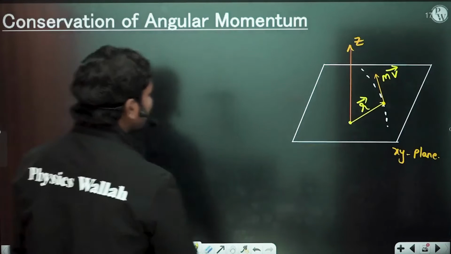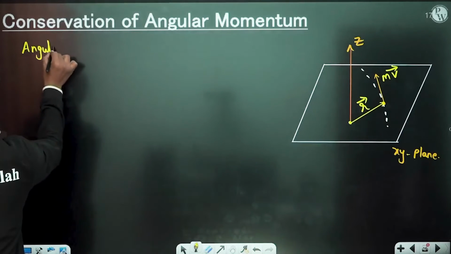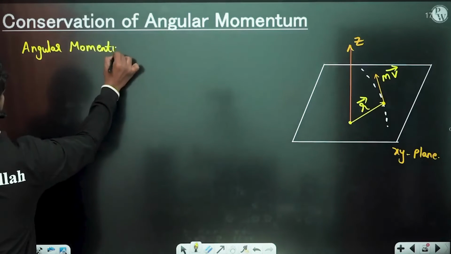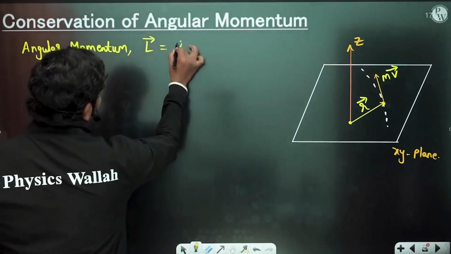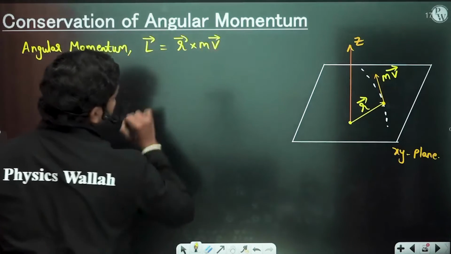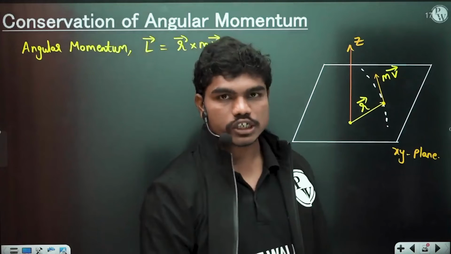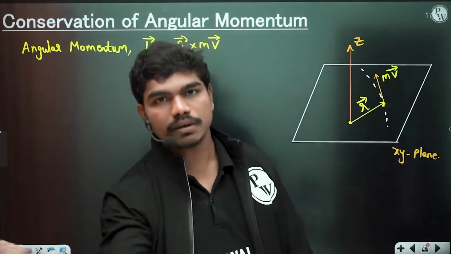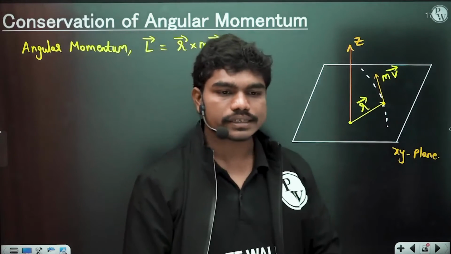Then the angular momentum, normally denoted with L bar, is equal to r bar cross m v bar. Correct? Yes or no? So please type in the chat box. Have you seen this? Angular momentum is basically r bar cross the momentum vector. So angular momentum is nothing but the moment of the momentum of the particle, which you might have seen in the engineering mechanics course. Correct? Have you seen this?